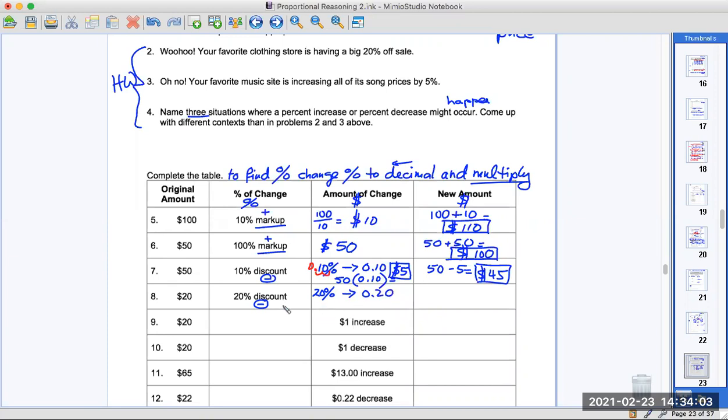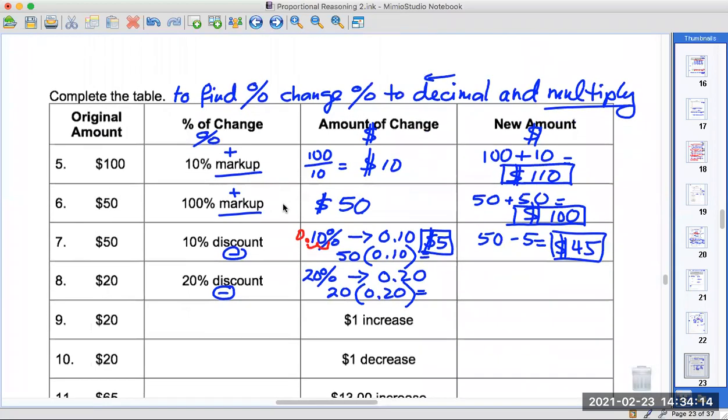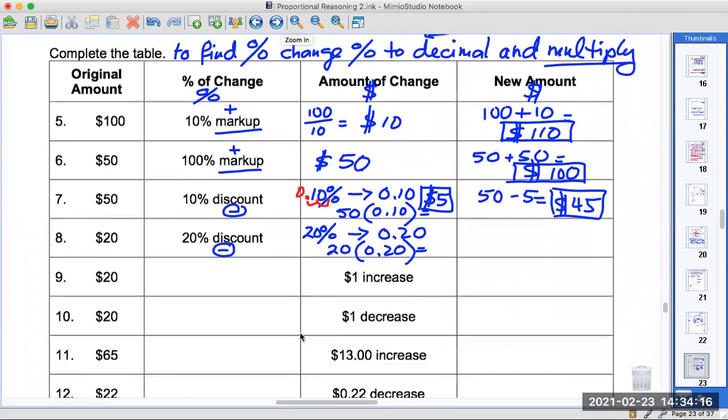Then multiply, so your original amount times 0.20, use your calculator. This is better. 20 times 0.20 is 4. So that's $1 here. This is $4 off.